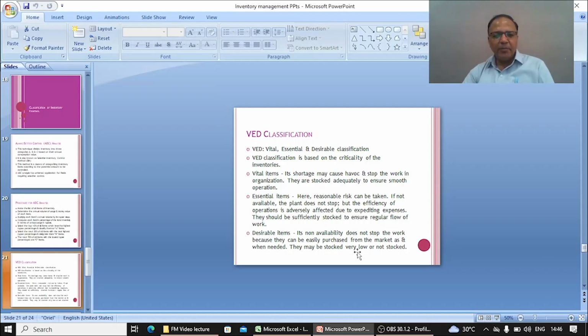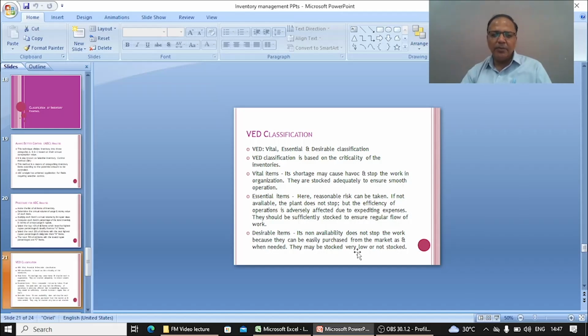Now, what is the meaning of vital? Vital items, their shortage may cause havoc and stop the work in the organization. They are stocked adequately to ensure smooth operation. So in a nutshell, I think it's very clear to all of you that if there is a shortage of these items, then operation of the organization cannot be continued smoothly.